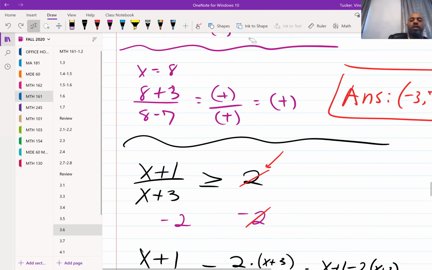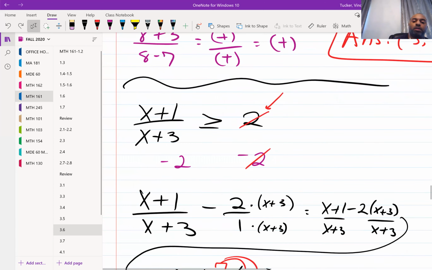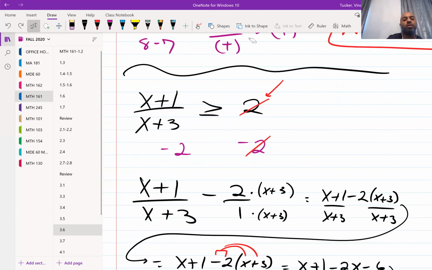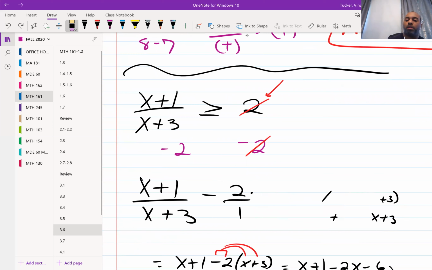So subtract 2 from both sides. If we were to do that, that gives us this. I'll just erase that to make sure we're okay with the process.